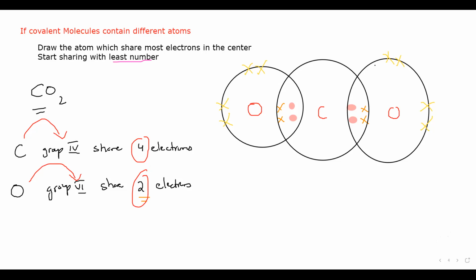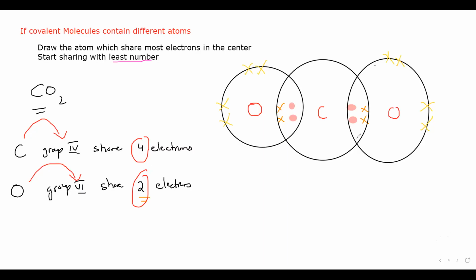Yeah, I am giving more examples. You will understand. So another example, if we have NCl3. In NCl3, we have nitrogen which belongs to group 5.